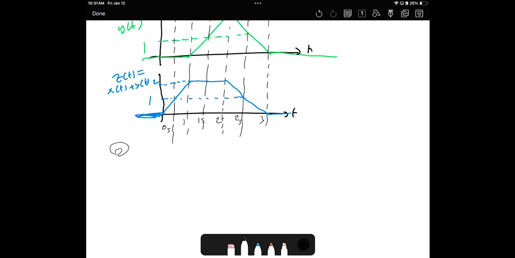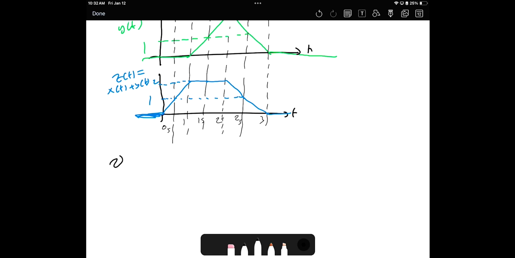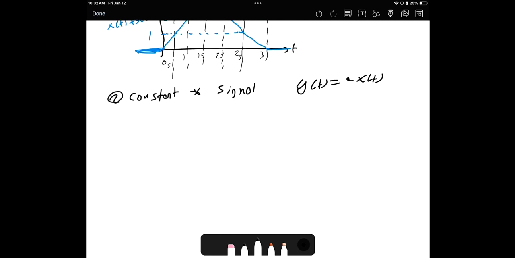The second thing is related to scaling: a constant times a signal. So y of t equals a times x of t. In this scaling, let's assume we have this signal.